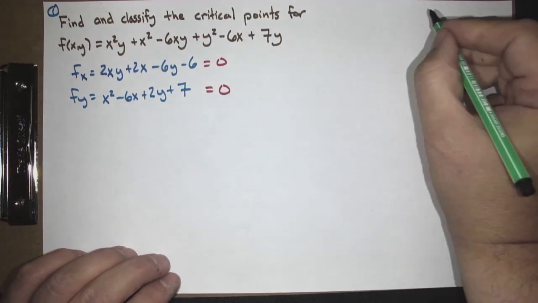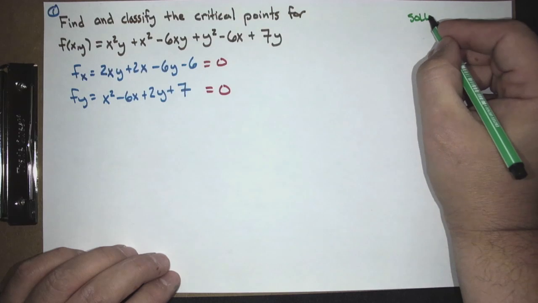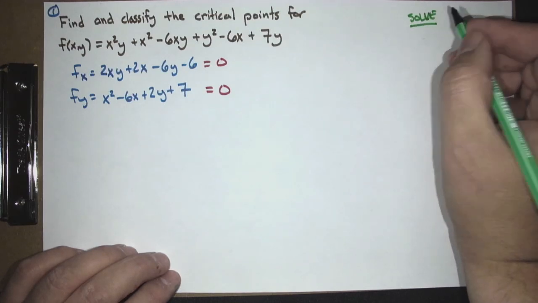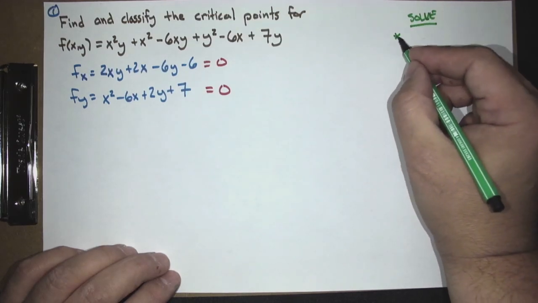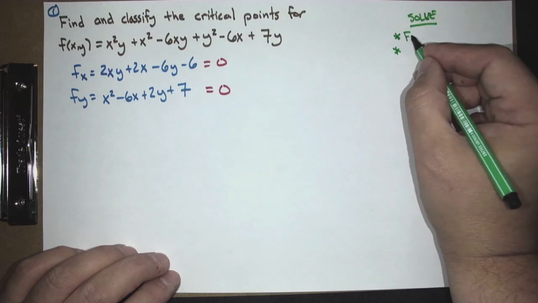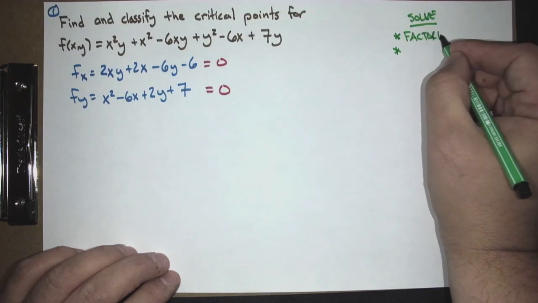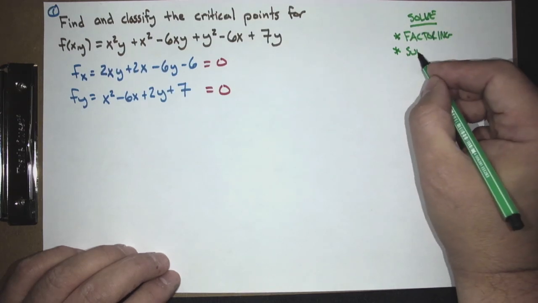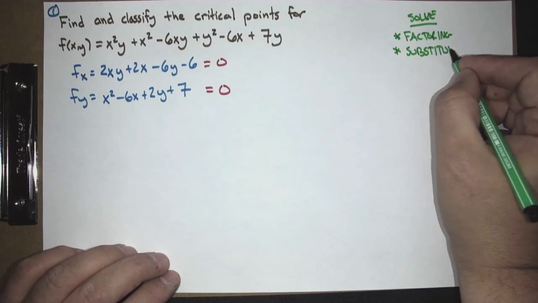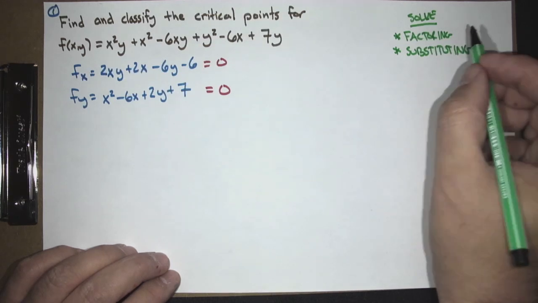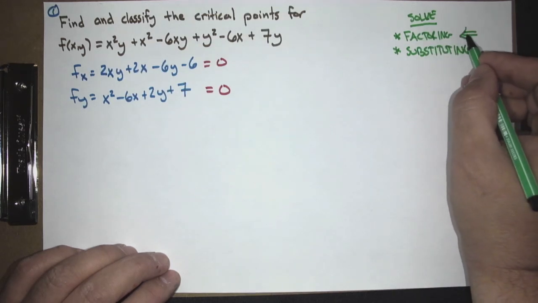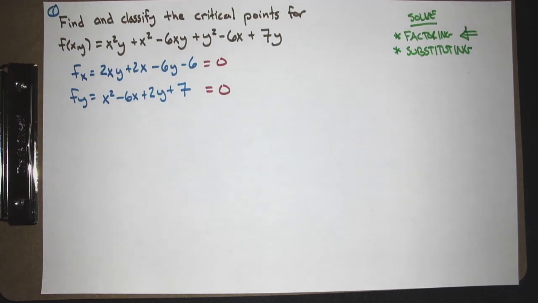Well, when you're looking to solve, you're basically going to have your two tools, which are factoring and substituting. Those are your two go-tos. If you can, factoring is always preferable, so always try to factor first. If you can't factor, then you start looking for substitution.